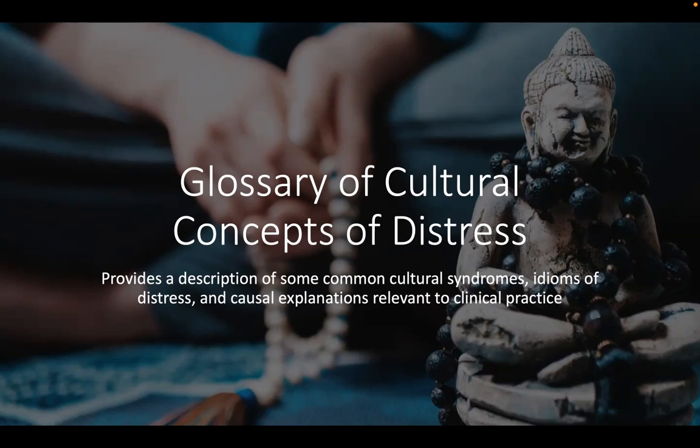For example, the first one that we read about was ataque de nervios, which translates in English to attack of the nerves. Just because it's an attack of the nerves doesn't mean that it's a panic attack, because it's not only the saying, but the understanding of it, the cultural conceptualization.